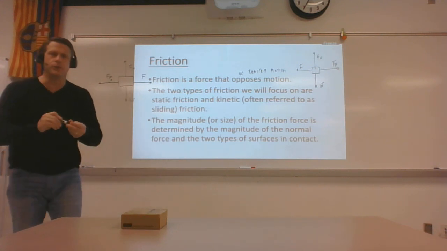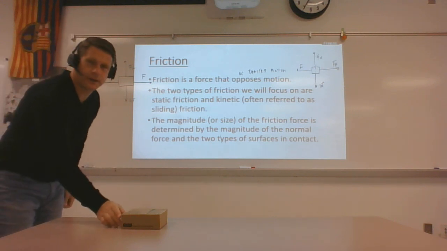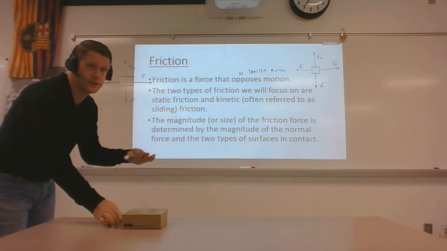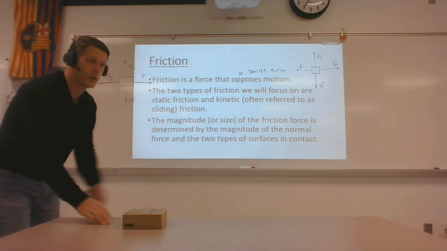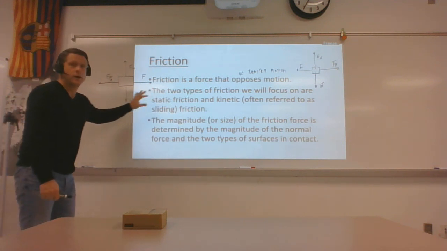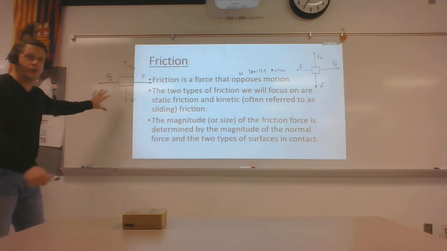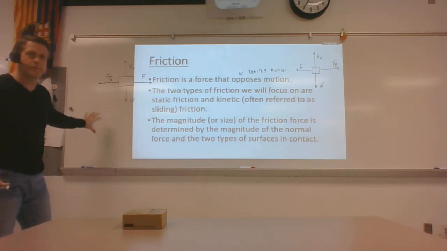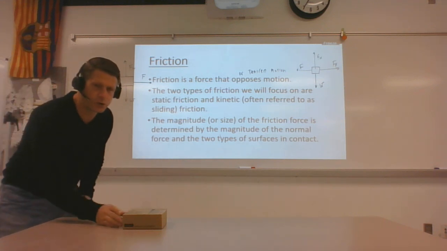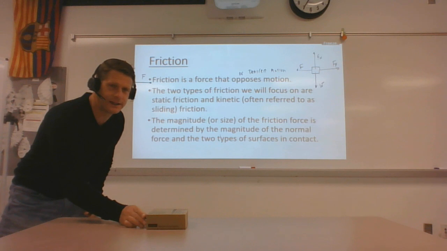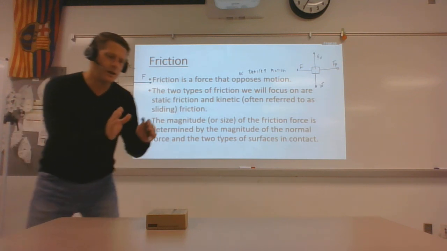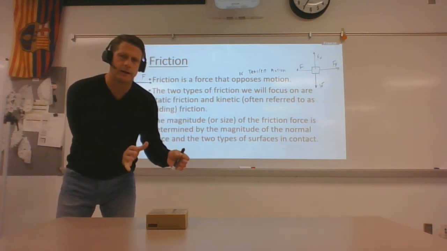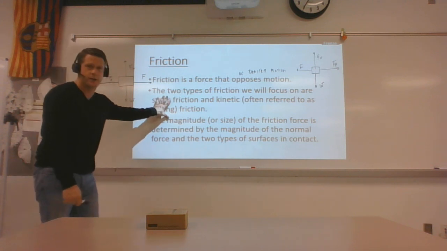And everybody's been through this, right? You push on something, it doesn't move. You push harder, it still doesn't move. You push even harder. Well, your force is getting bigger, and therefore the force of static friction also has to be getting bigger. But eventually, if you push, you finally get that thing moving. Well, if the box is moving, there's no more static friction.